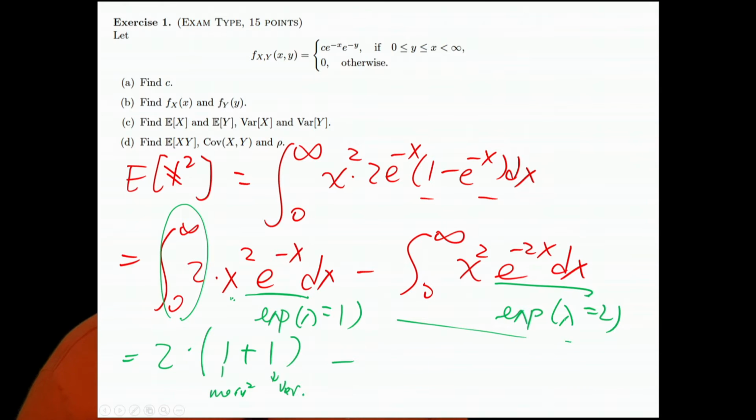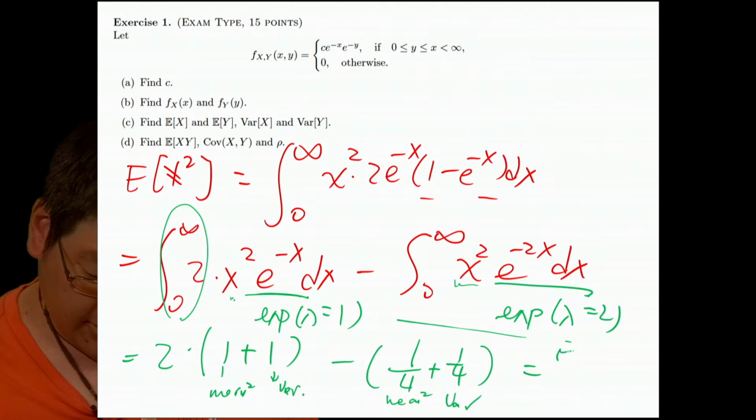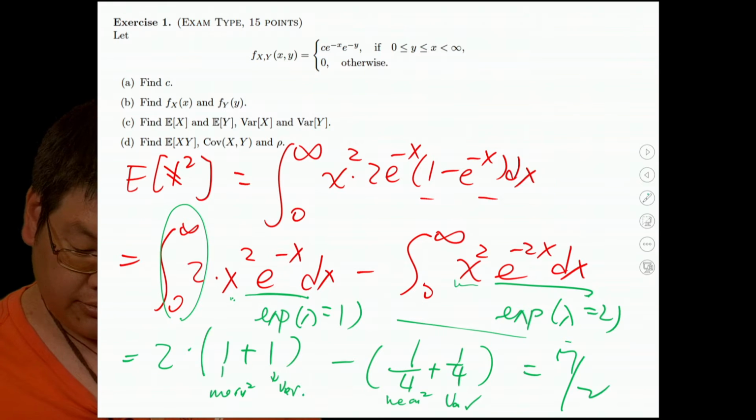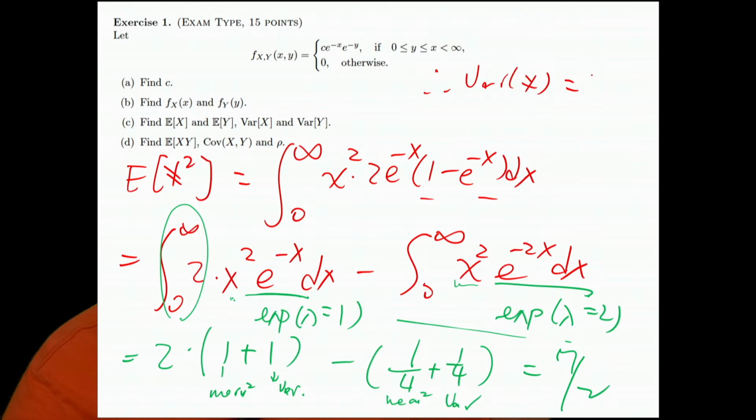And for this second term, still the x squared, so that's the mean square plus variance. Finally, you get the answer is 7 divided by 2. So the variance is 5 divided by 4.